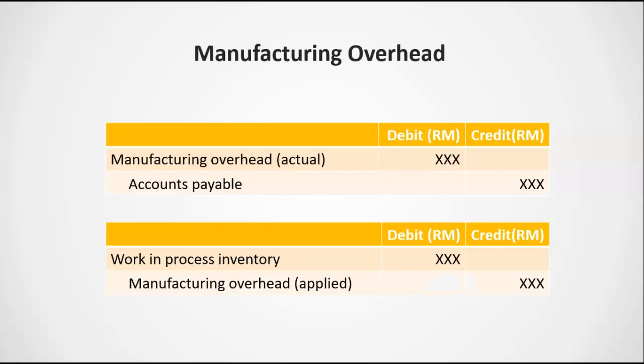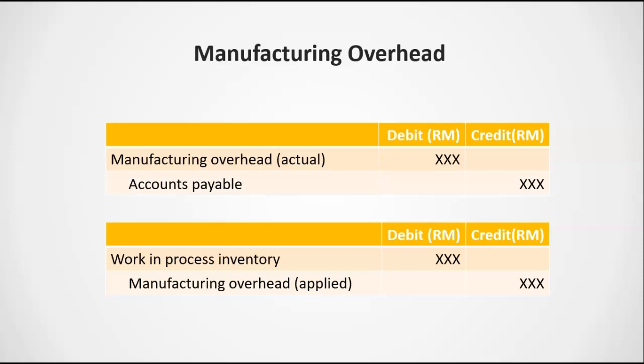The next one is manufacturing overhead. So the recording of manufacturing overhead is a little bit more complicated as it involves the recording of both actual and applied amount of the manufacturing overhead account. So the actual amount incurred for manufacturing overhead is recorded as debit manufacturing overhead account, credit accounts payable.